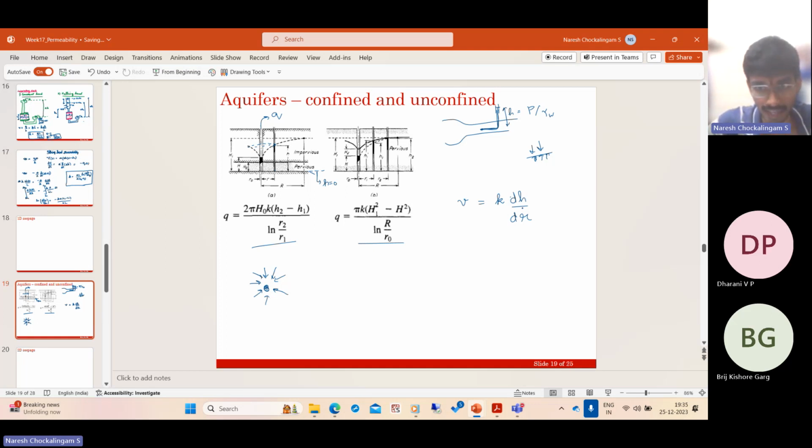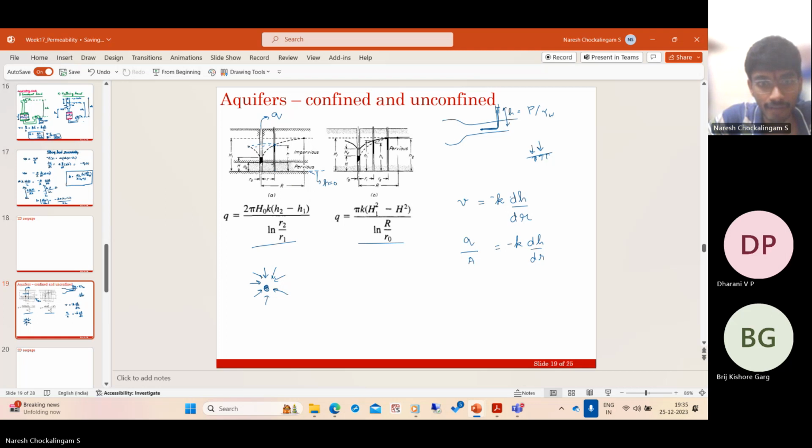But what is V? V is nothing but, as you're maintaining a constant flow rate, Q by A, which is equal to K dh by dr, and you have a minus sign because it relates to the loss of head.